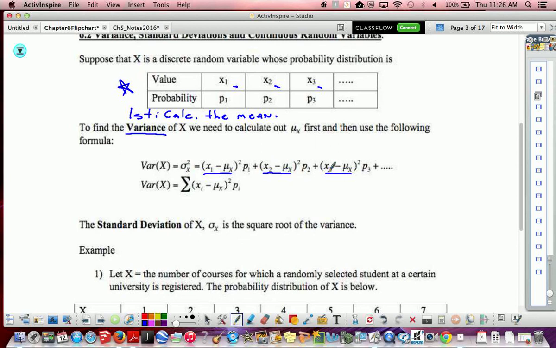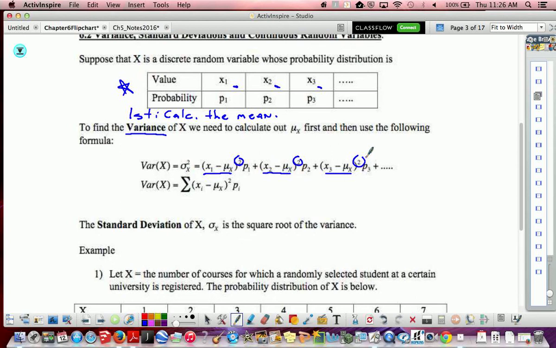But because sometimes they might be less than and sometimes they might be greater than the mean, you're going to get some positive and negative values. And if you were to add those up, they'd add up to 0 because you're comparing it to the mean. So what we do is we square them. So each of them has to be squared.